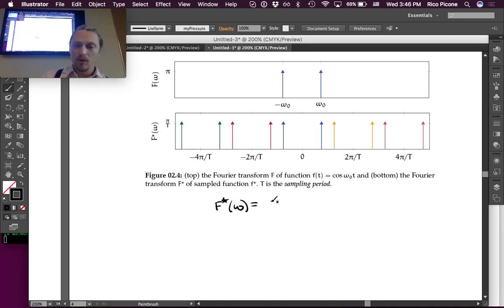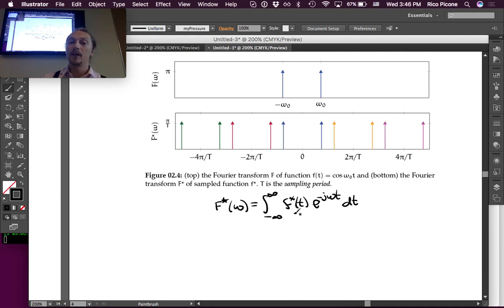From the definition, that is just the integral from minus infinity to infinity of f star, the sampled function, e to the negative j omega t dt. Okay, that's just the definition.